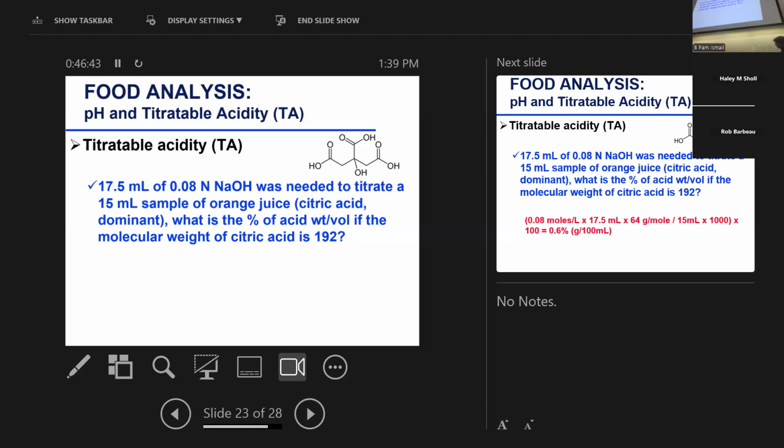All right, so you just apply the equation and put here 64 grams per mole. You have the normality of the base, the volume of titration, and the volume of the sample. What is your percent weight by volume?